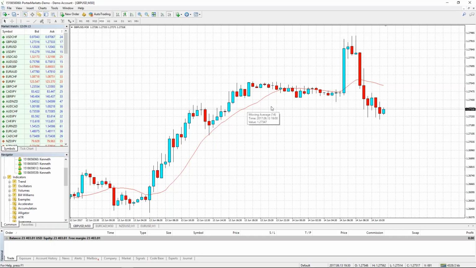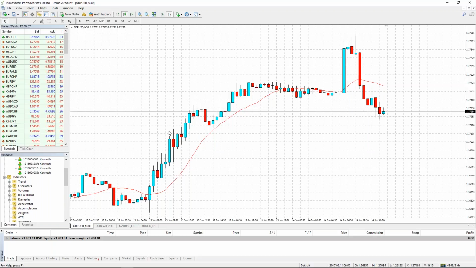Now, in their most basic form, if hopefully you can see my mouse on the screen here, if we look at one of these blue candles here, that is depicting a bullish candle. Just for the time being, ignore the extension past that blue body, and we'll cover what that is in a moment.